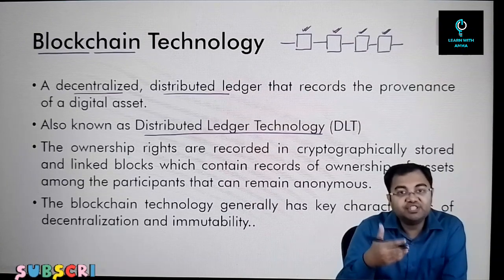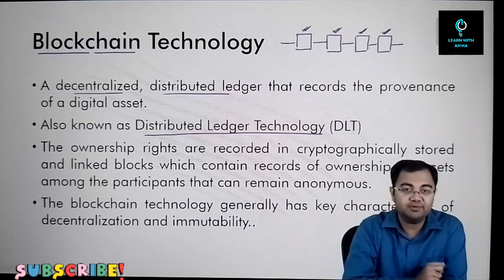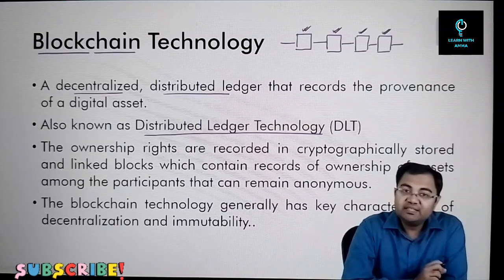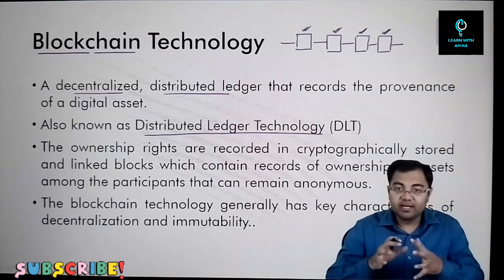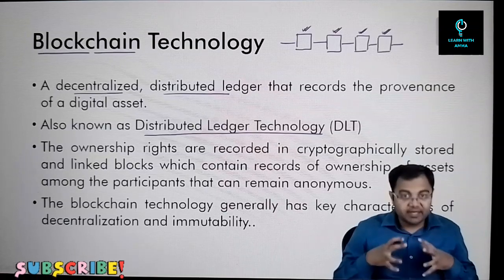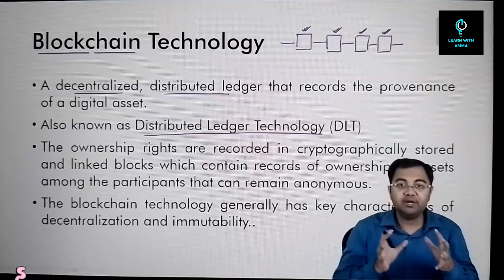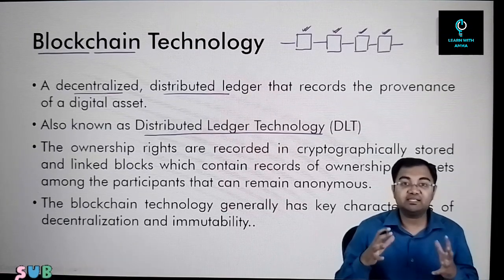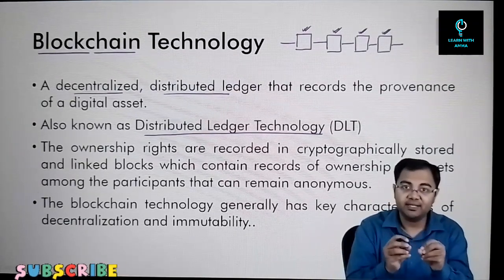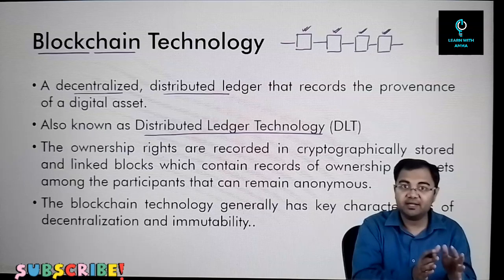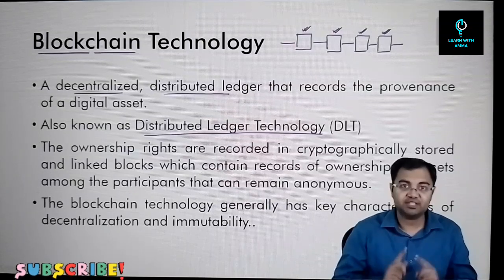I will initiate the transaction of rupees 5,000 from my end. As soon as I initiate the transaction, a number of computer systems, or a number of users, will come into the picture. That's why we are saying that this is a decentralized system, that you are your own bank. There is no centralized bank which is regulating all the transactions.